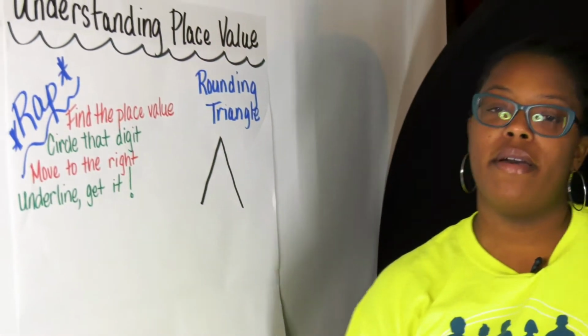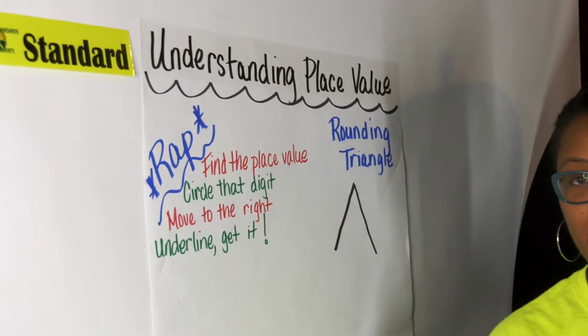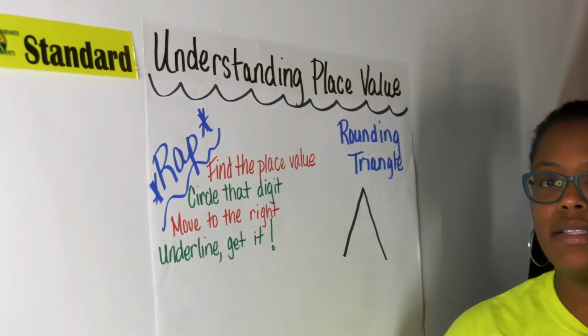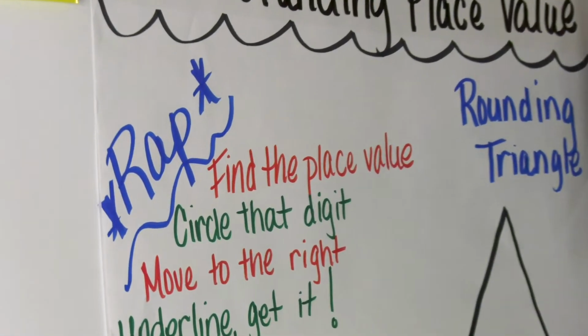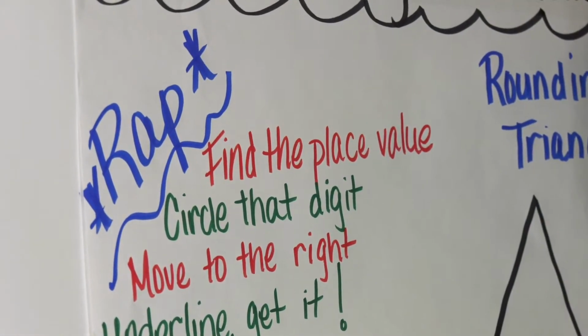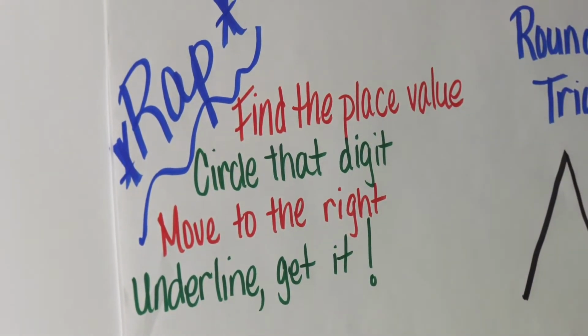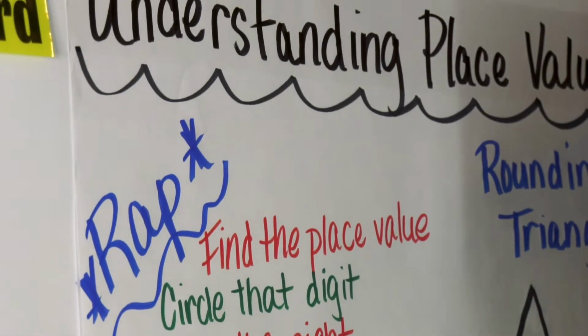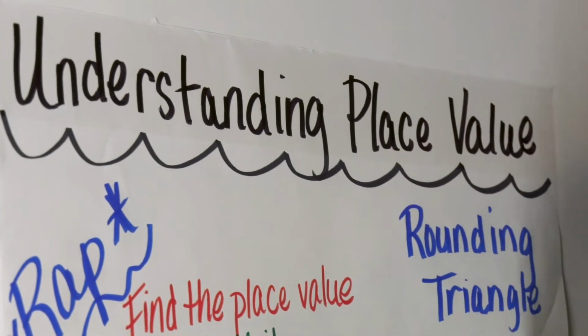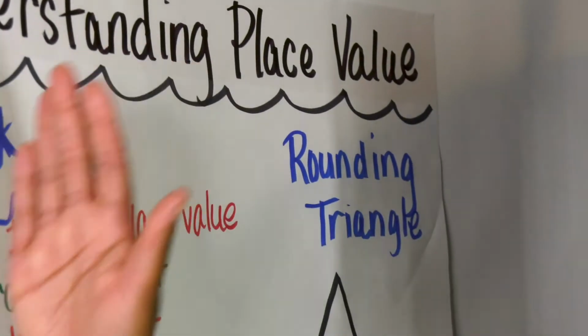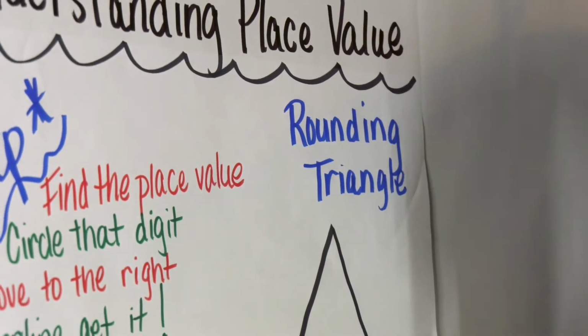Today we are going to learn about rounding using place value. I'm sure you all have already heard of place value before. Today we're going to learn 2 concepts to help you when you are rounding numbers using your place values. The first concept is rounding, but we're going to use a rap to remember it.